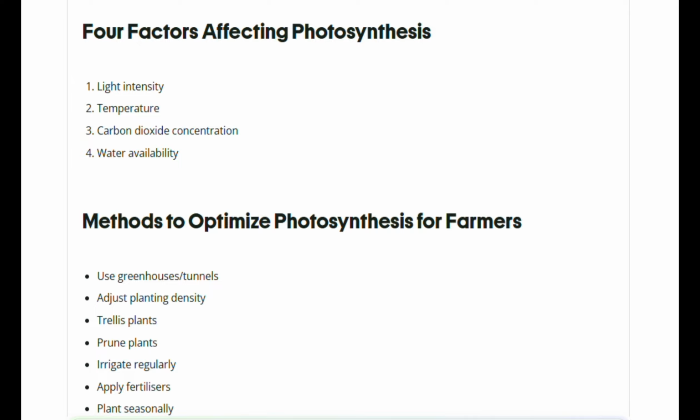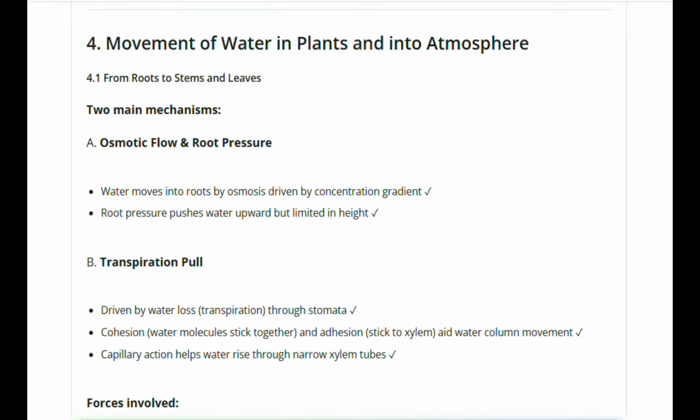So osmotic flow and root pressure, water enters the roots by osmosis. The flow of water is called osmotic flow, driven by a concentration gradient.